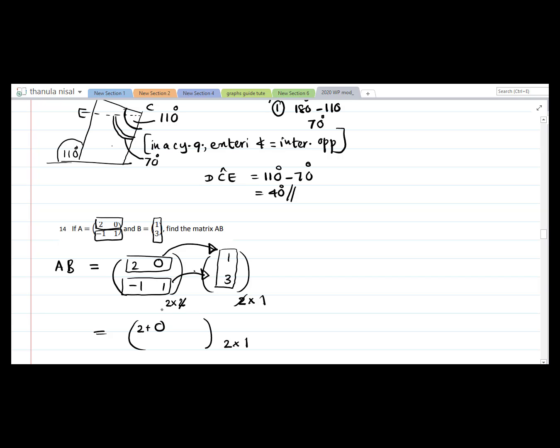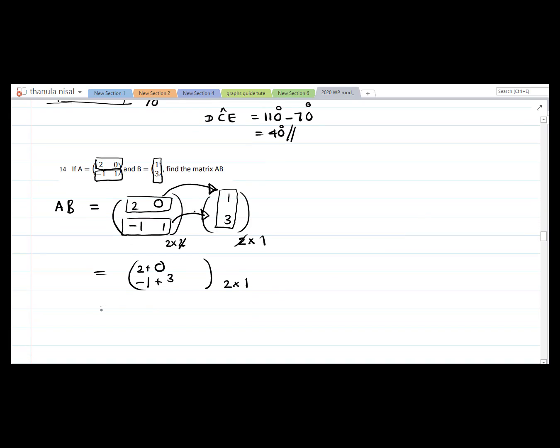Here minus 1 into 1, that is minus 1, plus 1 into 3, that is 3. Then I'm going to write 2 plus 0, that is 2, minus 1 plus 3, that is 2. Then the final answer is like this.